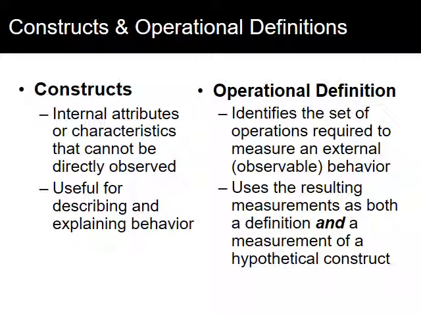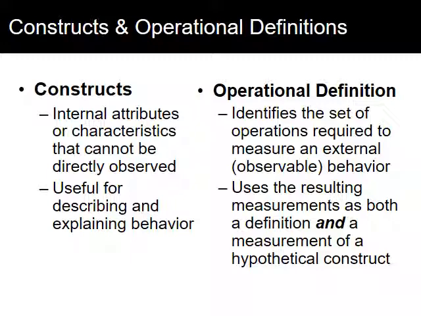The thing that we want to measure, but we can't observe with the naked eye. And then the operational definition for the construct, which identifies the set of operations that would be required in order to measure a behavior that reflects the construct, right? So we use the resulting measurements as both a definition and a measurement of a hypothetical construct.